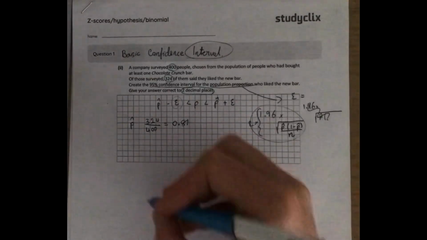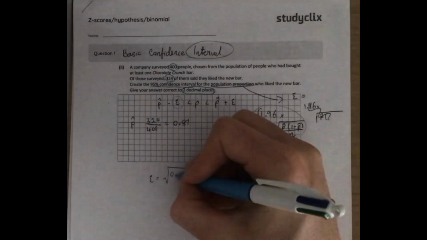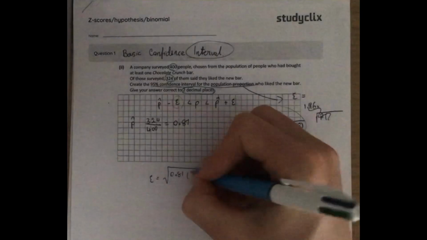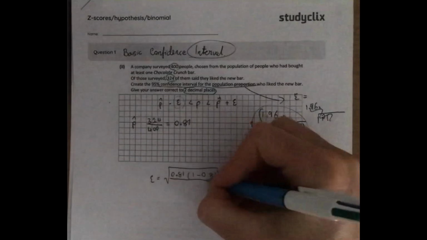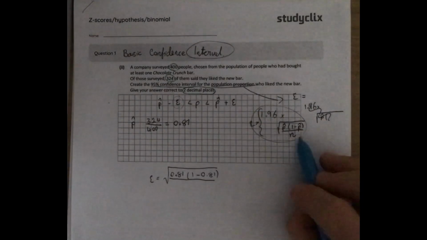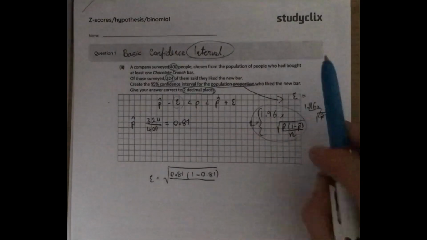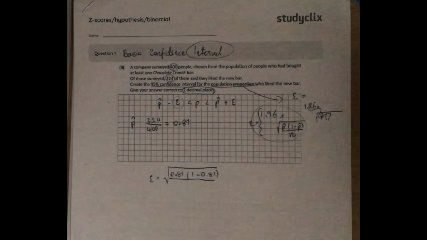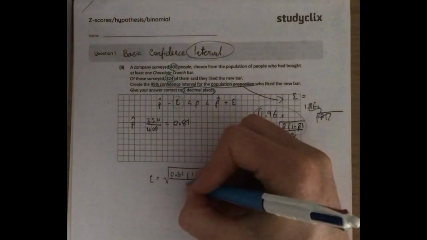So you would have that E is equal to the square root of 0.81 multiplied by 1 minus 0.81 all over n. Now, n pretty much across the board in maths, and in particular in stats and probability, is the total number of people in the population, which was a company surveyed 400 people. So that would be the total number, and we put that there.